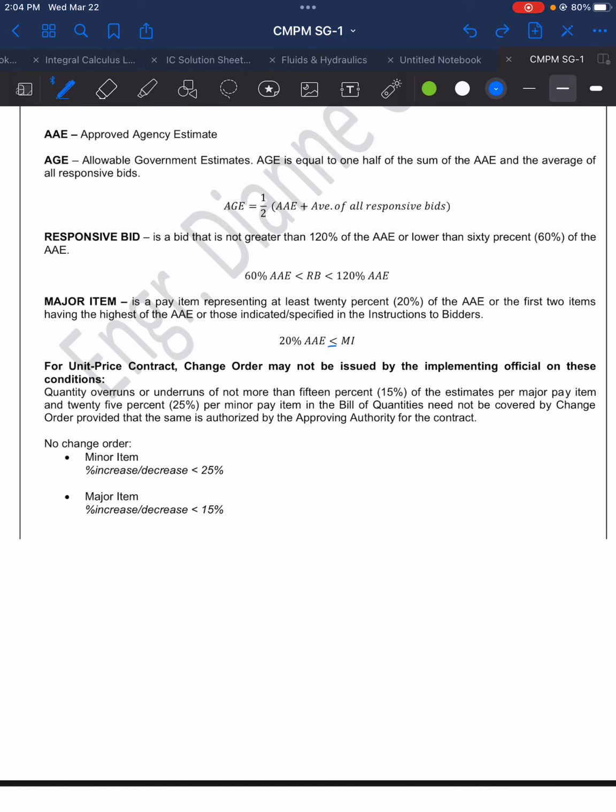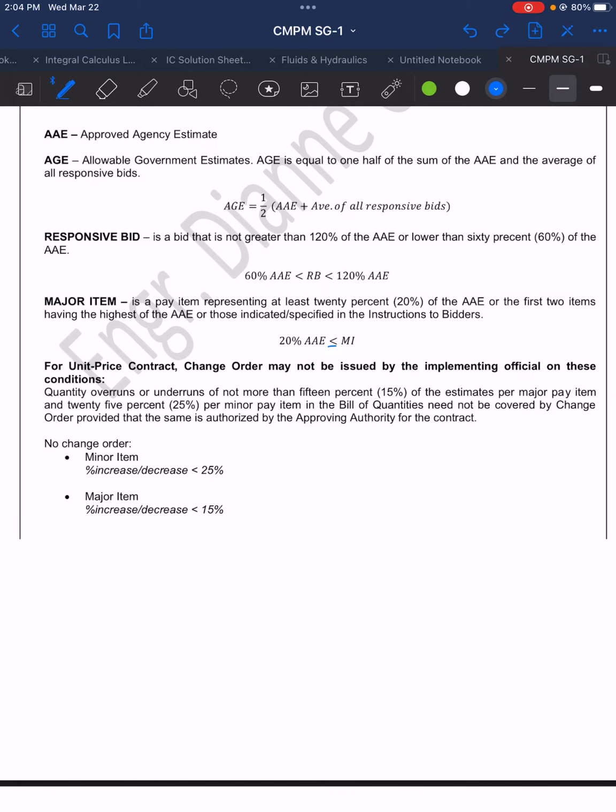Okay. How about for unit price contract with regards to change order? For unit price contract, a change order may not be issued by the implementing official on these conditions: quantity overruns or underruns of not more than 15% of the estimates per major pay item and 25% per minor pay item in the BOQ, or the bill of quantities.